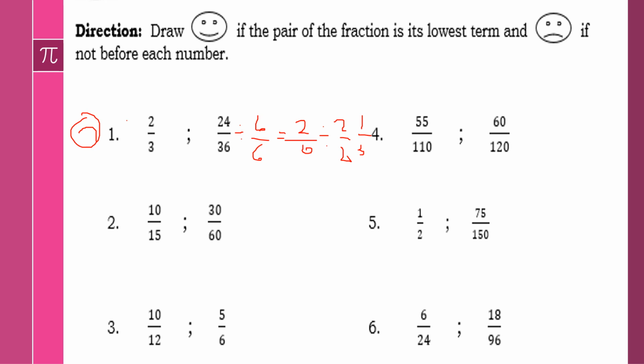Okay, for 10 and 15, the GCF is 5. So this should be 2/3. Here, the GCF is 10. This could be 3/6, or 1/2. So this again is a sad face because they are not in lowest term.